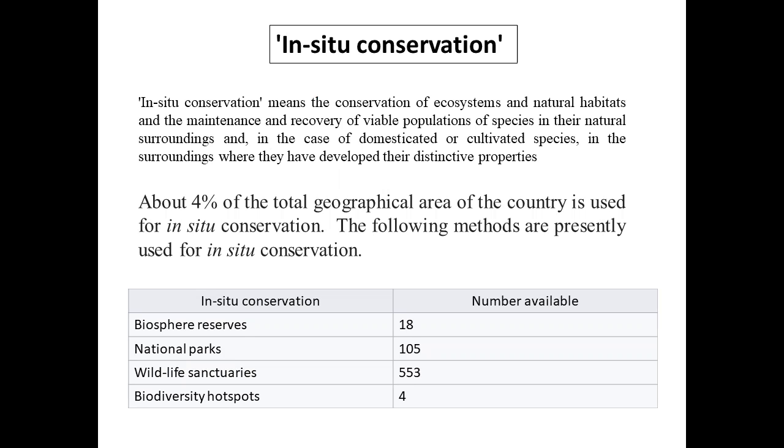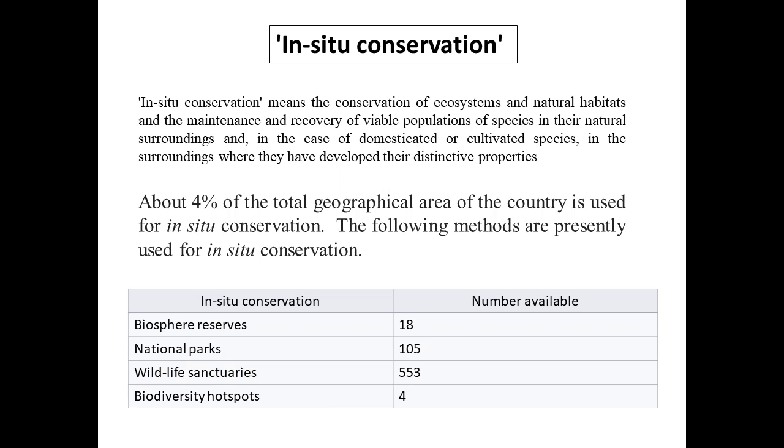It means suppose there is a plant, suppose there is any animal, and you are conserving them in their own place where they belong. You are conserving them in their own place, so you can say it is in situ conservation.